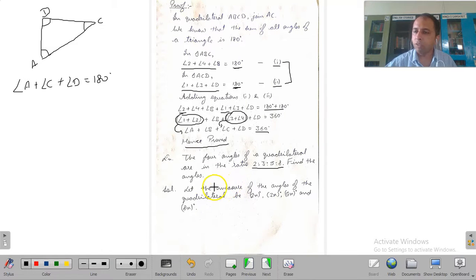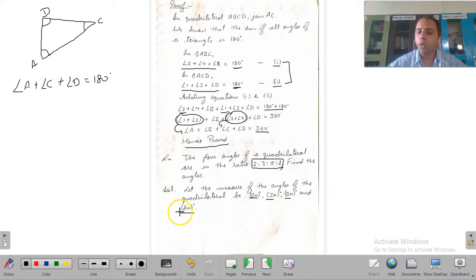First of all, let the measure of the angles of a quadrilateral be 2x degree, 3x degree, 5x degree and 8x degree, because we have been given the ratio between the angles.